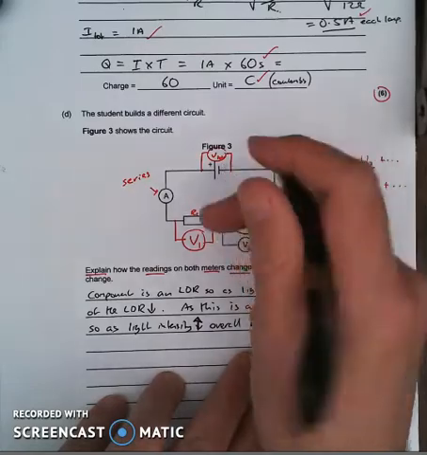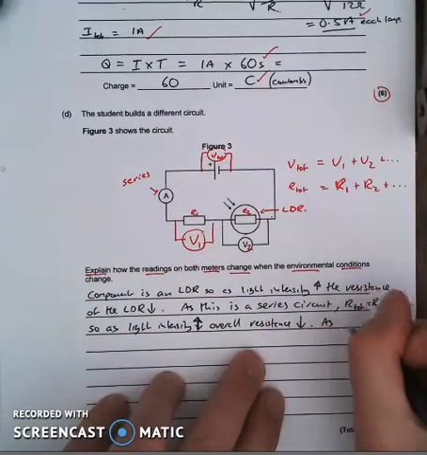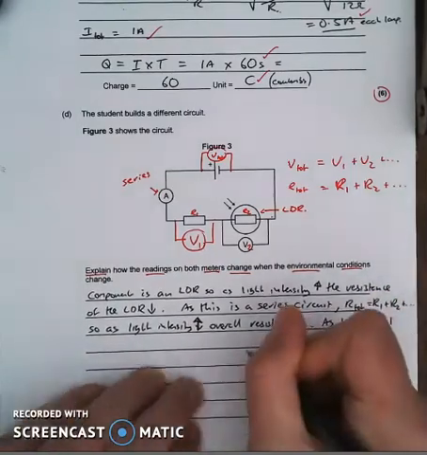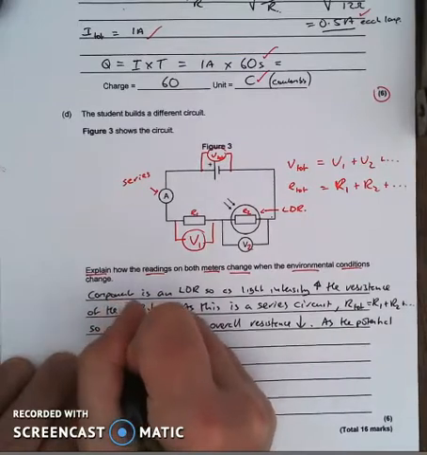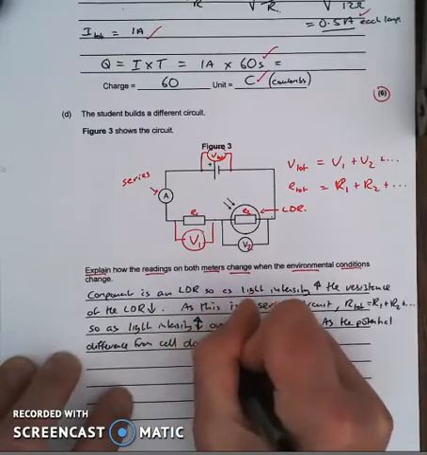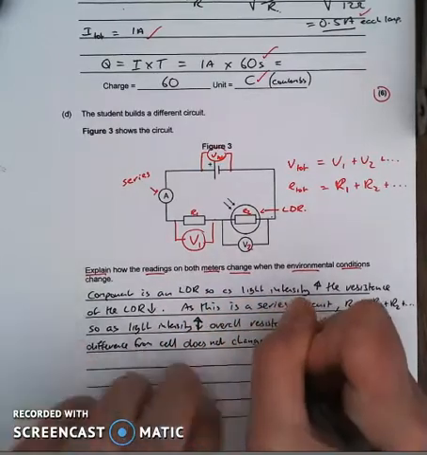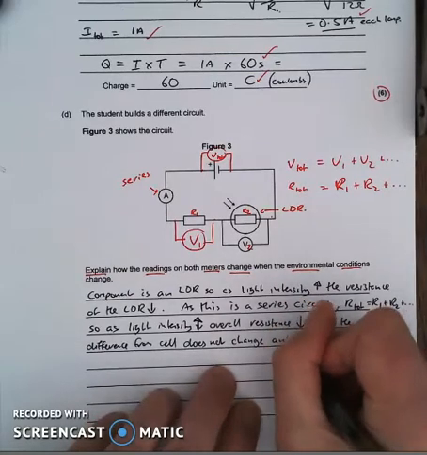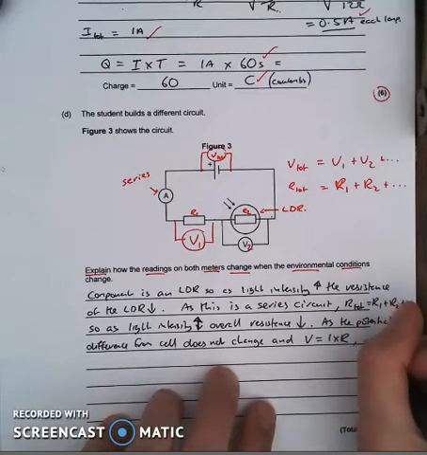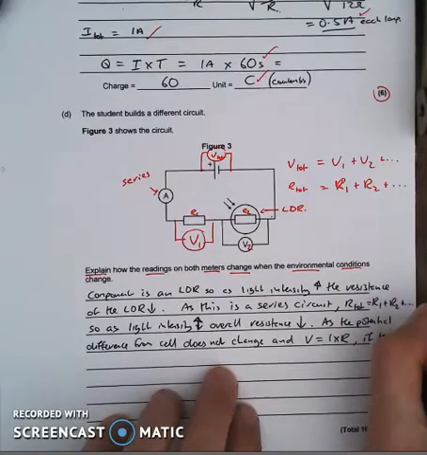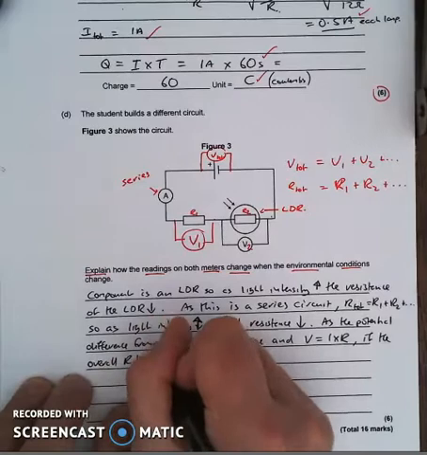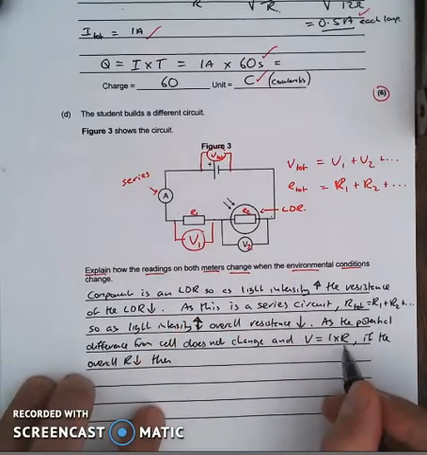That voltage will not change. That cell has not changed. As the potential difference, aka voltage, from the cell does not change, and the voltage is the current times the resistance, if the overall resistance goes down, then that doesn't change, that number goes down, that number must go up.